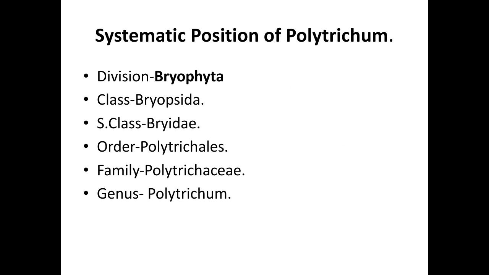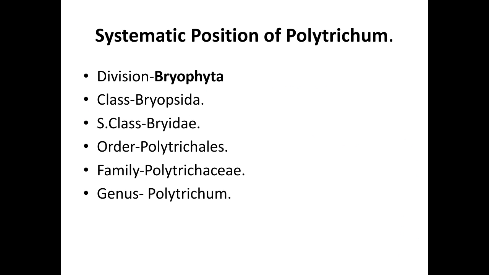Then remember Polytrichum is put into family Polytrichaceae. Now the characters are the same as those of order Polytrichales, because Polytrichales has a single family, that is Polytrichaceae. Then genus Polytrichum.